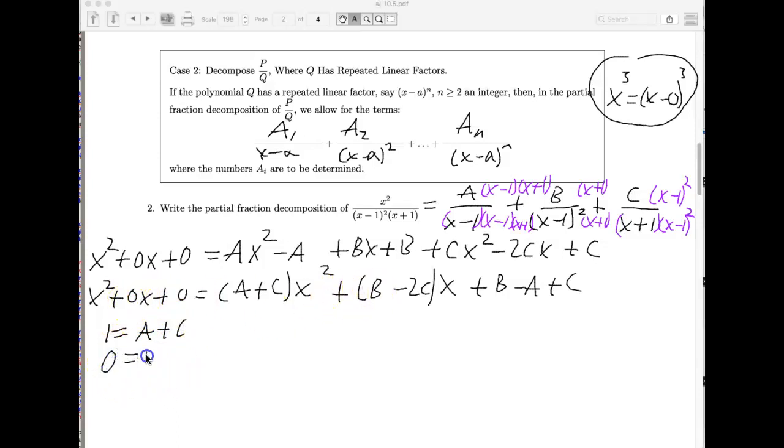And 0 has to equal the negative a plus b plus c. So now we have a system of linear equations, and we want to go ahead and solve this. And we'll do that in the next part.